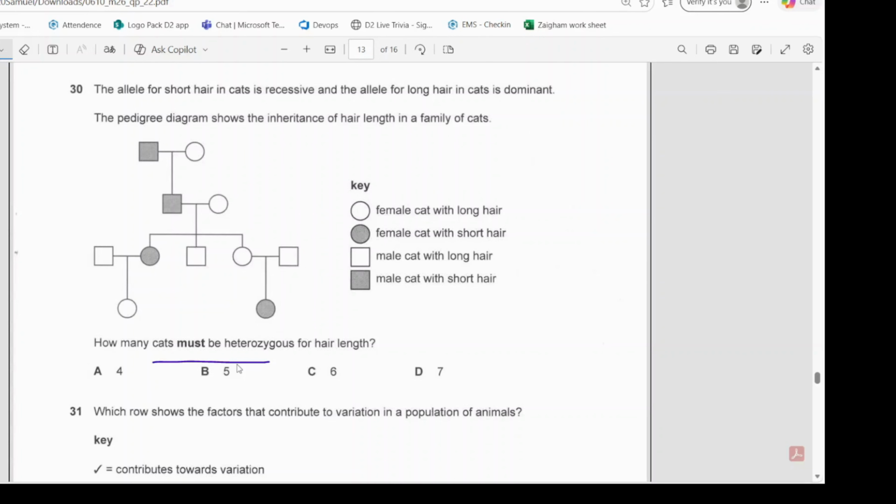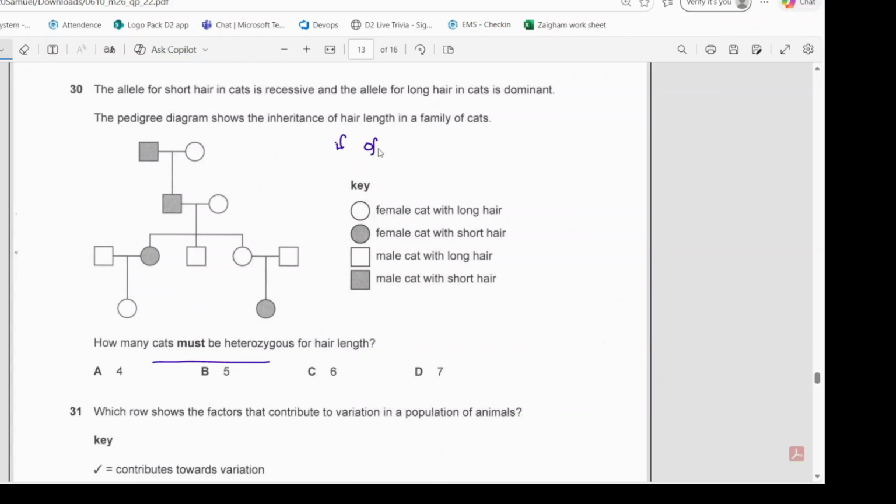How to detect it? Very first thing, if any parent is homozygous recessive, then the offspring could be heterozygous. Or if any offspring is homozygous recessive, with both smaller alleles, then the parents are heterozygous. I've told you two things.